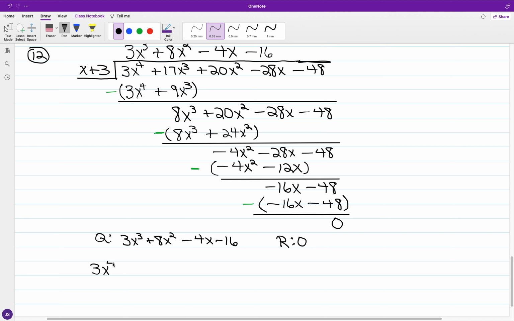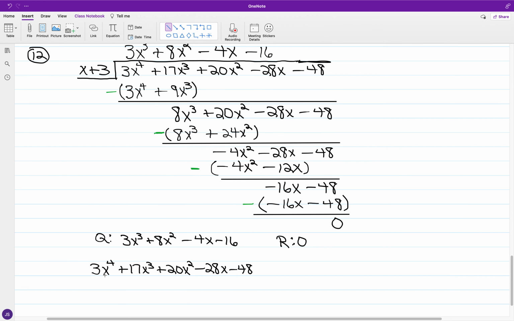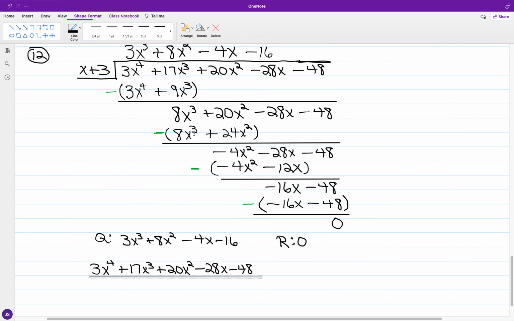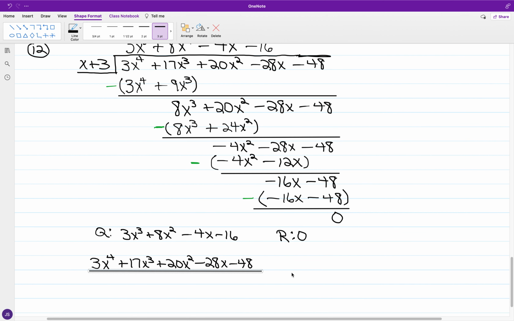Now, for what we have regarding the ratio, I just wanted to mention this. For what we have in terms of expressing in quotient and remainder terms, with the remainder over the divisor.